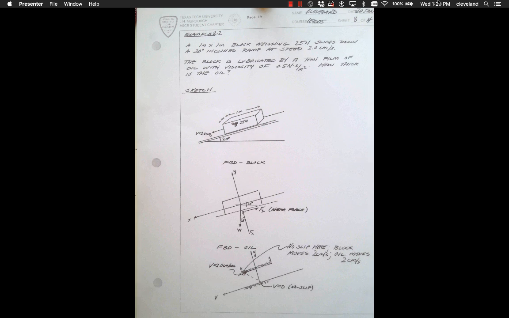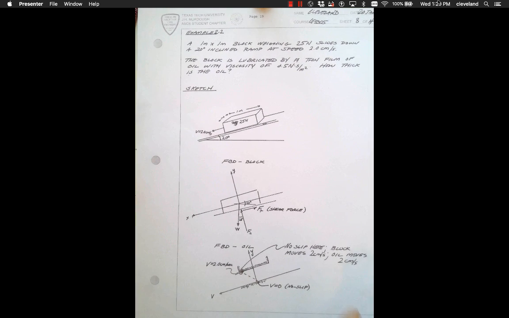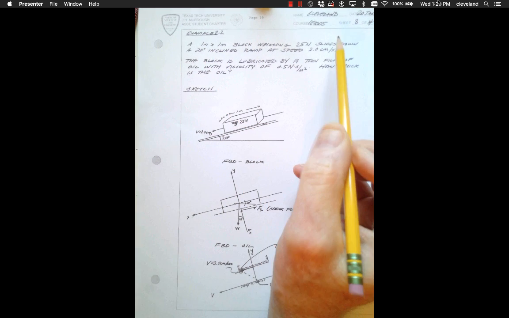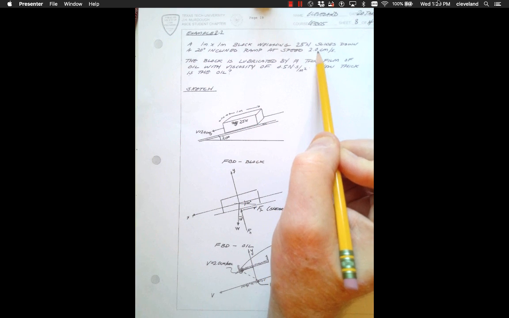So we're going to imagine, if you will, a 1 by 1 meter block that slides down an inclined ramp at a speed of 2 centimeters per second. And in the interest of time, I think I'll just go ahead and point through the work of that problem. So these are the problem statements. We have a 1 by 1 meter block that weighs 25 newtons, slides down a 20-degree inclined ramp at a speed of 2 centimeters per second.